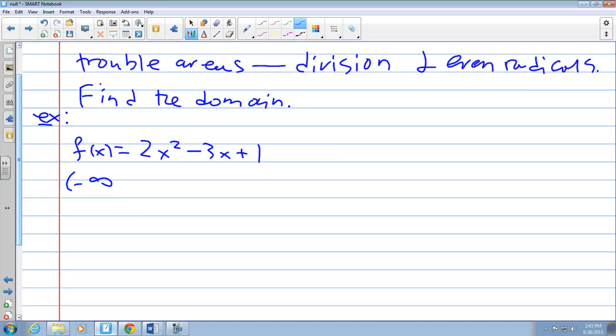So there are two things I can do. I can use the interval notation from negative infinity to infinity, right? Or there's a very fancy set notation for all real numbers. There's a little letter that just represents the set of all real numbers. You know a fancy symbol for the set of all real numbers?